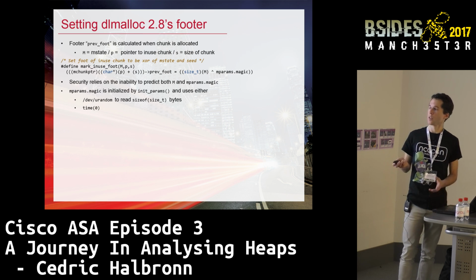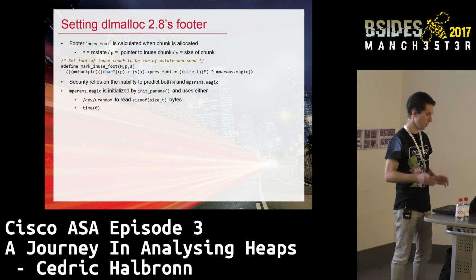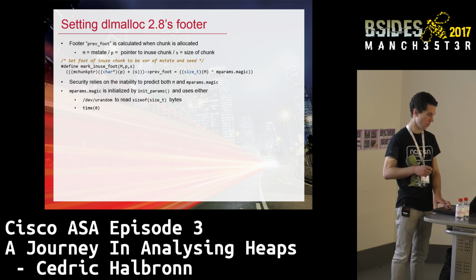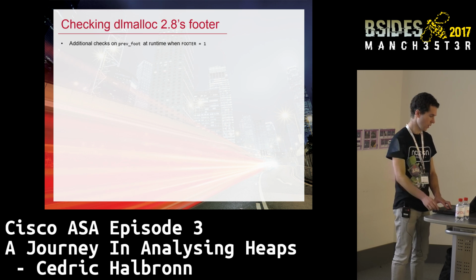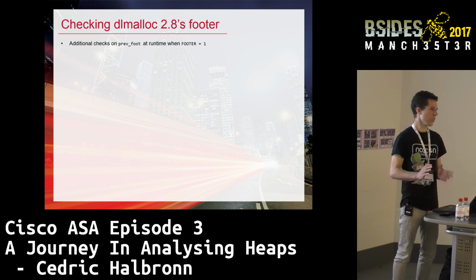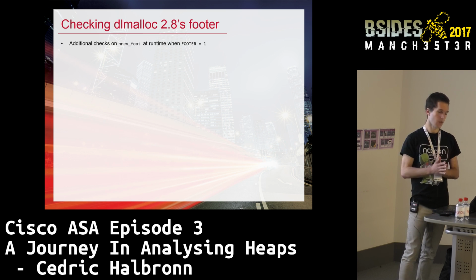If you look at the source code of dlmalloc again, mparams magic is initialized by a certain function called init_params, and it uses either /dev/urandom to read a number of bytes to set this value to a random value, or calls time(0). Okay, so it's secure.